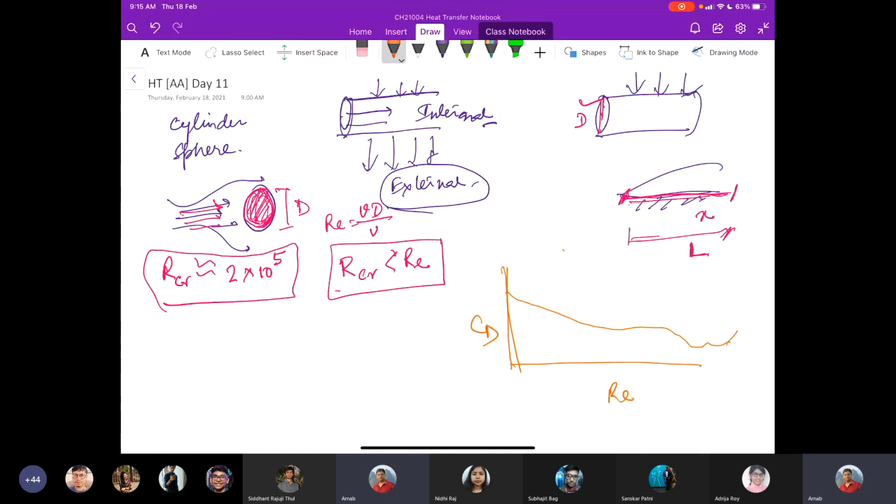The drag coefficient curve for flow over a smooth circular cylinder or the smooth sphere. Have you seen this kind of graph, or has it been told to you, the CD and RE relation for such scenarios when flow is happening across those objects?